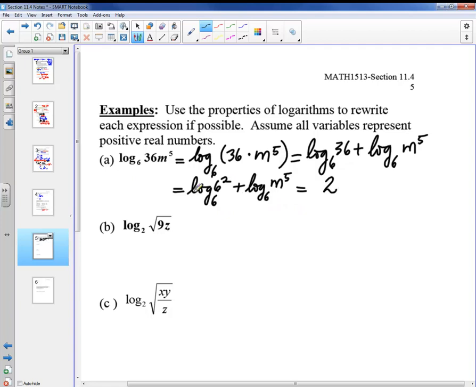That's the property that we started in section 11.3, but also the inverse property. And then in here, we're going to move that 5 to the front. So that will be 2 plus 5 log base 6 of m. Now, don't try to add the 2 and the 5 together. The 5 belongs with the log base 6 of m, and it cannot be separated.